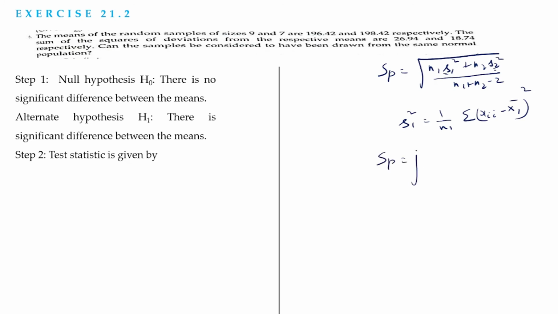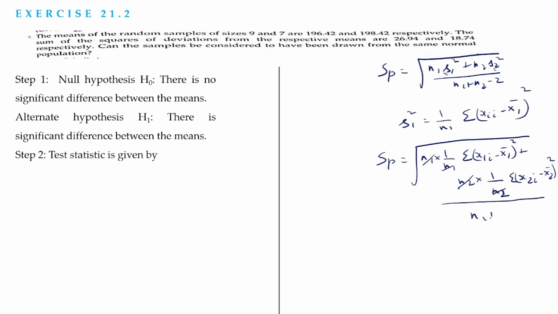So we have sp equal to root of n1 into 1 by n1 summation (x1i minus x1 bar) the whole square plus n2 into 1 by n2 into summation (x2i minus x2 bar) the whole square. So this n2 and n2 will go, this n1 and n1 will go, the whole thing upon n1 plus n2 minus 2.